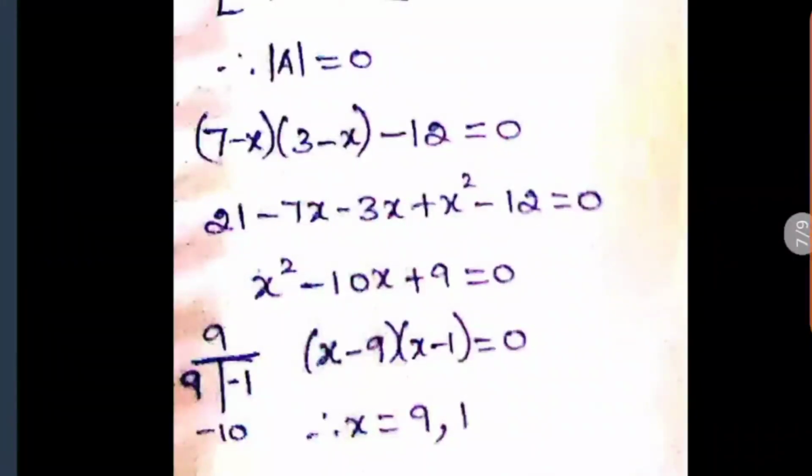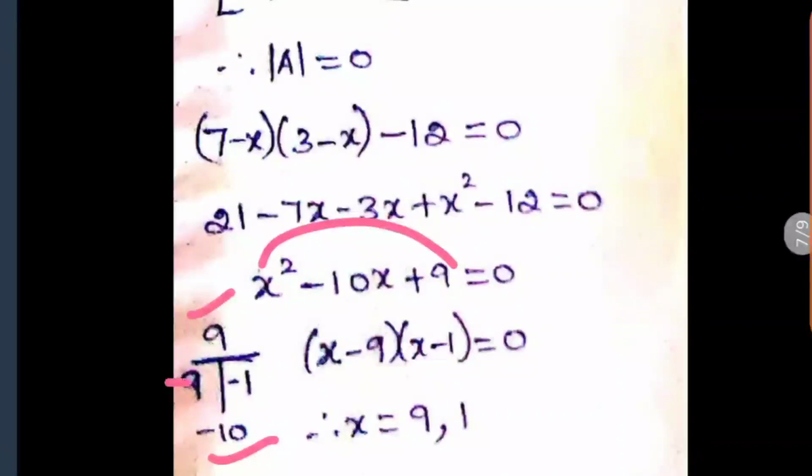So if you know the tricks to directly find the answer, you can do that. Normally what I'll be using is this T method. The coefficient of the first and third term, it's 9, so multiplication is 9, 1 into 9 is 9. So that should be on the top. And the middle term is minus 10. So the answers you are choosing, the multiplication should be on the top and the summation should be on the bottom.